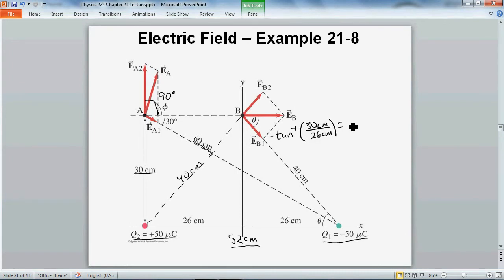And that's going to be equal to negative 49.086 degrees. And since this is an isosceles triangle, the magnitude of the angle above is going to be the same, 49.086 degrees. It's just the difference in the negative signs. The vector pointing down is going to be negative, the vector pointing up is going to be positive.